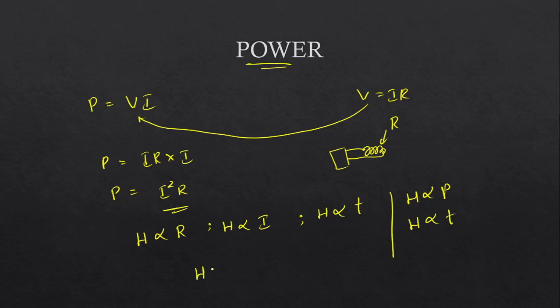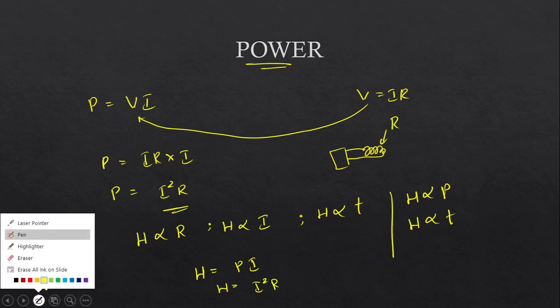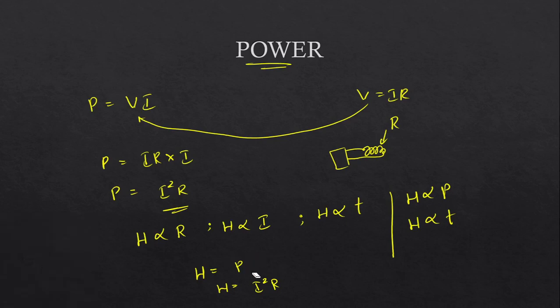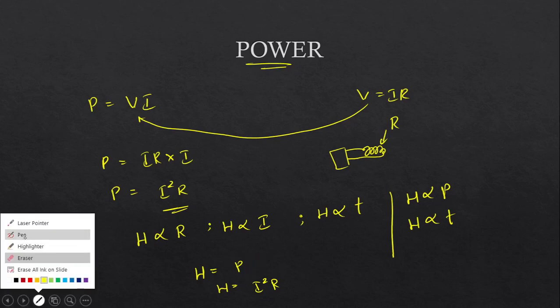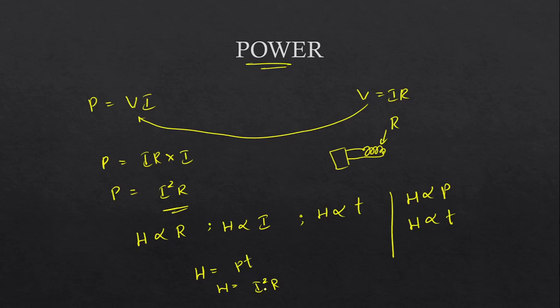So H can be written as P into T, sorry, not P into I, P into T. So let's change this. This is P times T. So P equals I square R. So H can be written as I square RT. You don't have to worry about the derivation. Derivations won't come for examination. Just have to know the result. Okay, knowing this is enough.